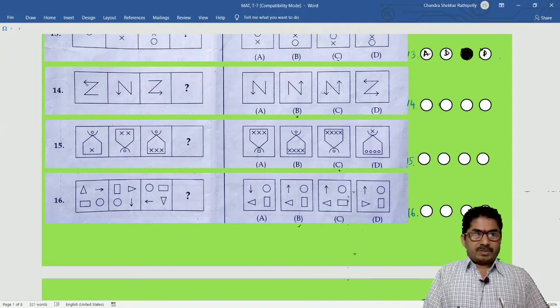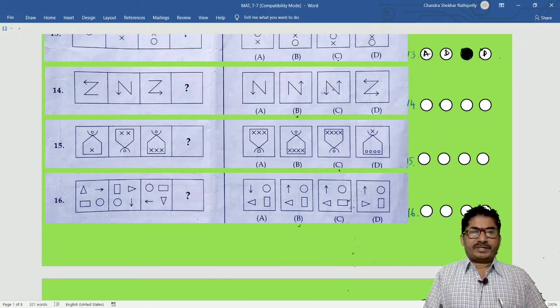Arrow mark this side, next to this side, next to this side. Next comes the right side. So on the right side, how many? These two have on the right side, but one arrow only in every figure. That's why B is correct.